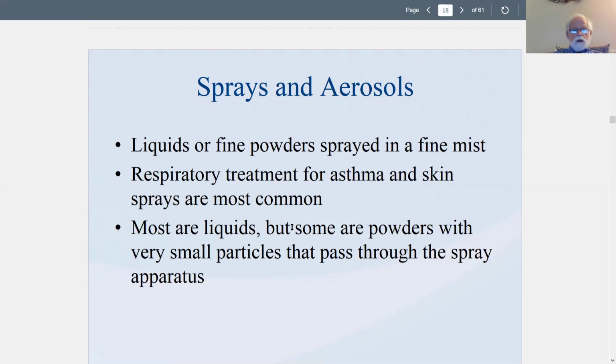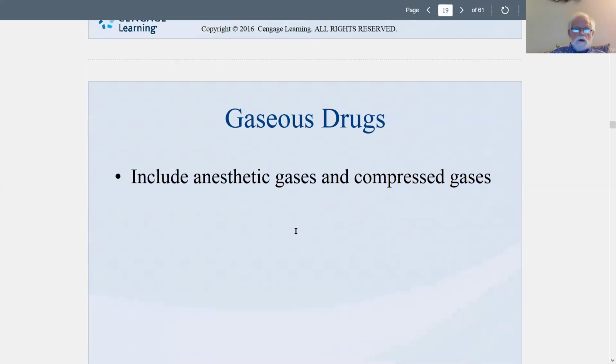Many of these things are liquids, but we have powders that are so fine that the particles can pass through the apparatus, and we do have dry powder inhalers (DPIs) that are used for a number of places, such as asthma and other bronchial diseases.